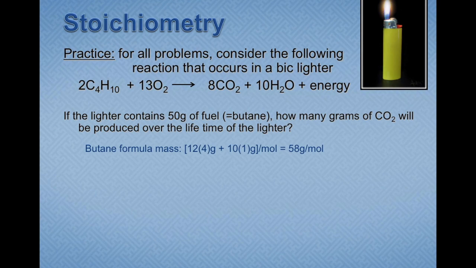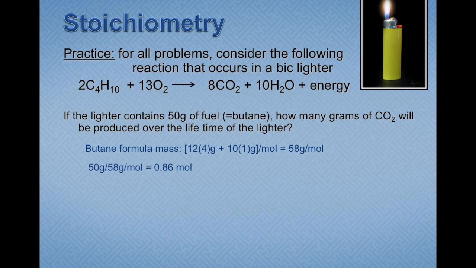So we have butane, and we have to first figure out the butane formula mass. Butane is C4H10. Carbon has a mass of 12, and there's 4 of them, and then we've got 10 hydrogens, each with a mass of 1 gram per mole. When we calculate it out, we get a formula mass of 58 grams per mole.